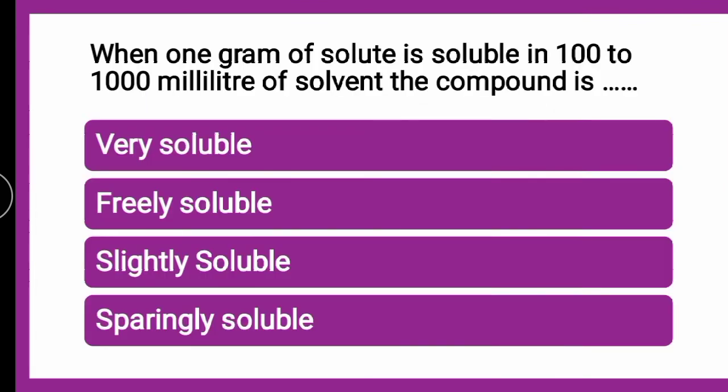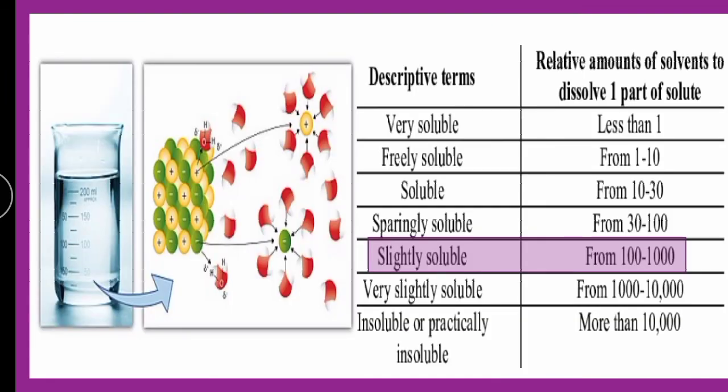Next question is, when 1 gram of solute is soluble in 100 to 1000 ml of the solvent, the compound is dash. Whether it is very soluble, freely soluble, slightly soluble, or sparingly soluble. So, the answer is slightly soluble. According to the solubility chart, when the volume of the solvent is 100 to 1000, then it is slightly soluble.